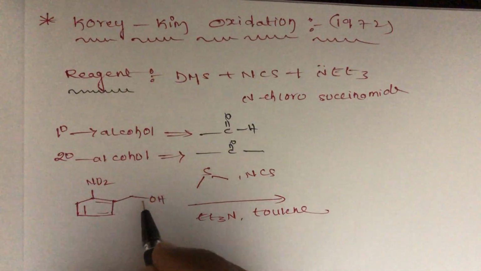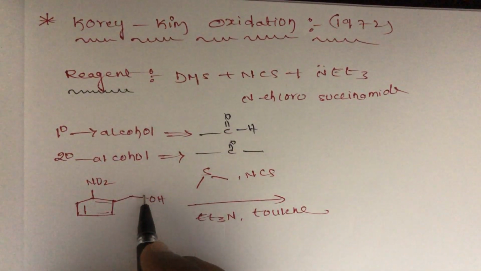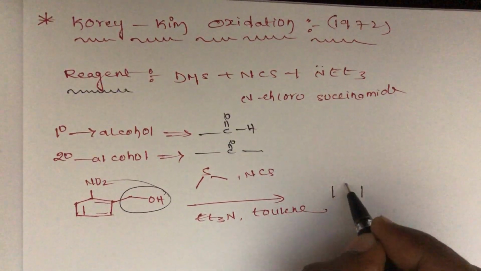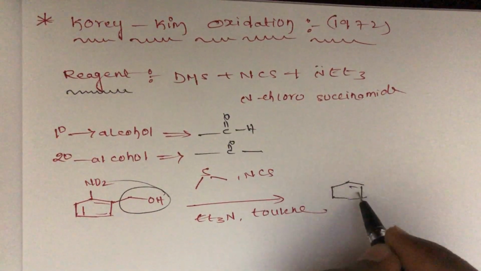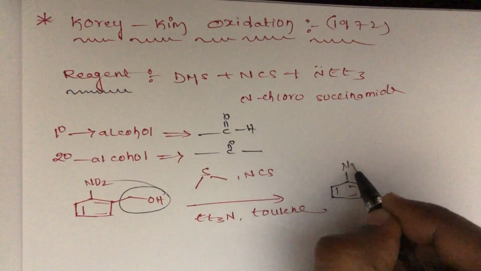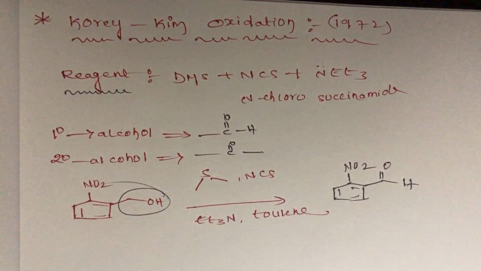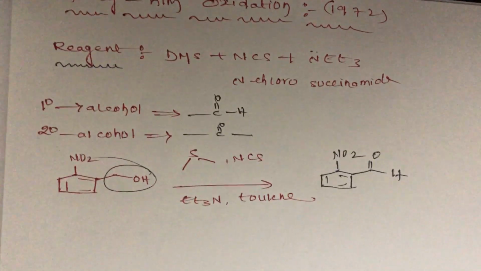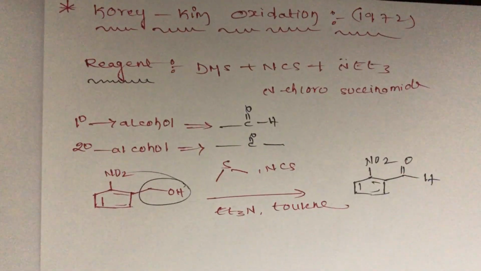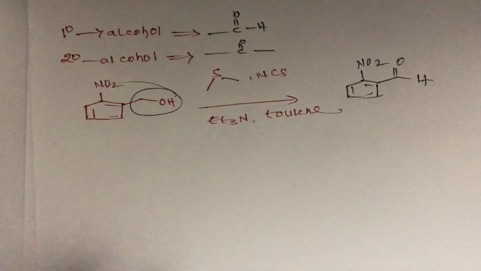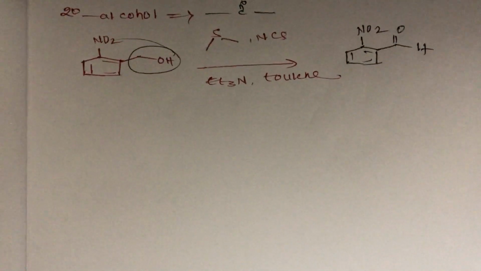In this example I have given, we have a primary alcohol, so obviously the reaction product is an aldehyde, right? Because it is a primary alcohol, you will get an aldehyde. So what exactly is the mechanism happening here? We'll go to the mechanism so that you can understand better.